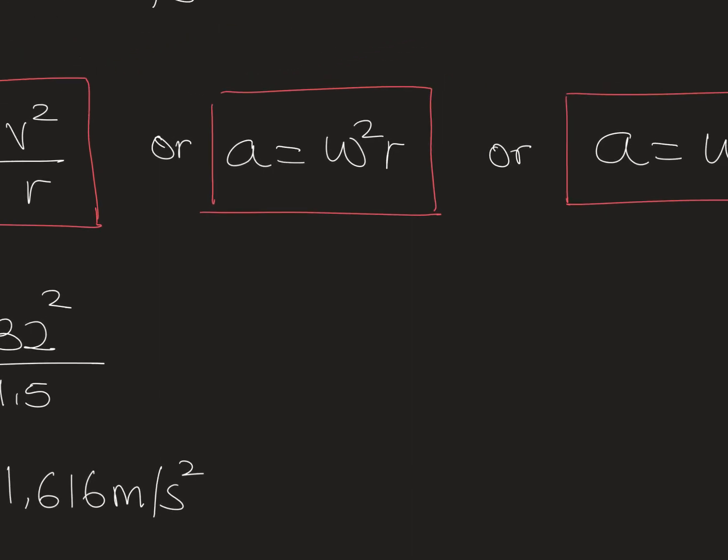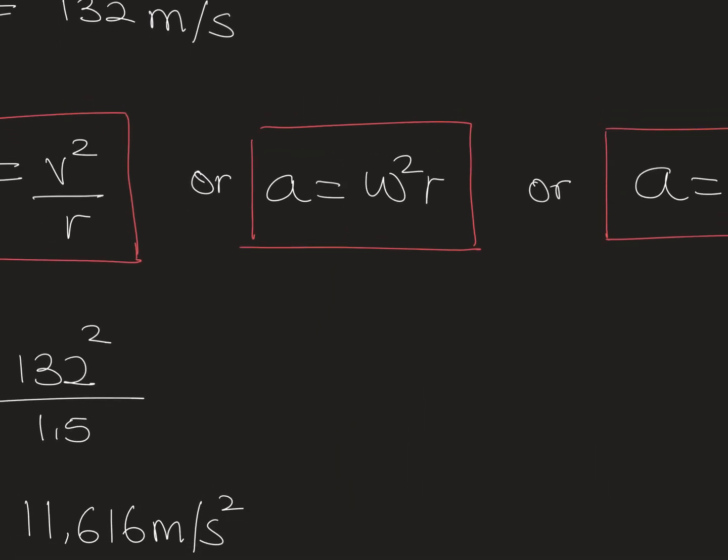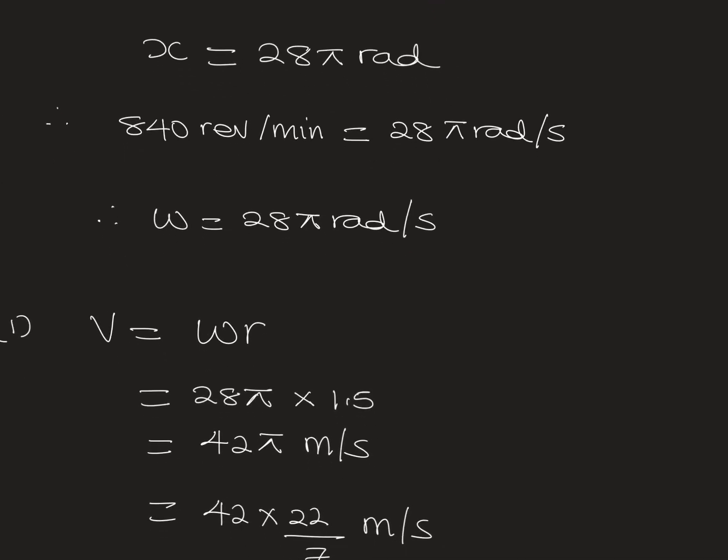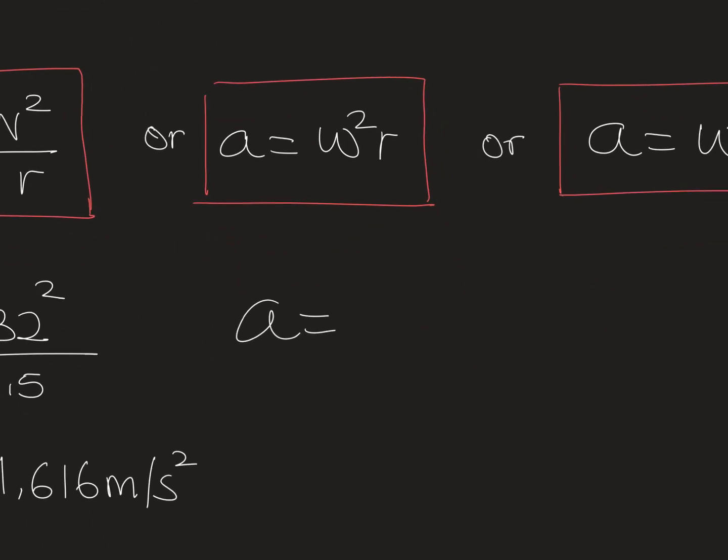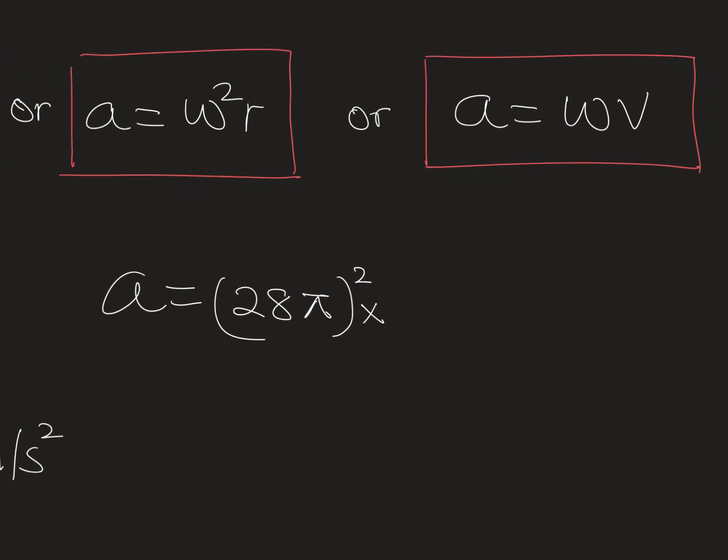All right. So again, if we want to use the angular velocity, acceleration will be equal to the angular velocity in radians per second, that is 28 pi, all squared, multiplied by the radius, 1.5. So 28 squared is 784 pi squared times 1.5.